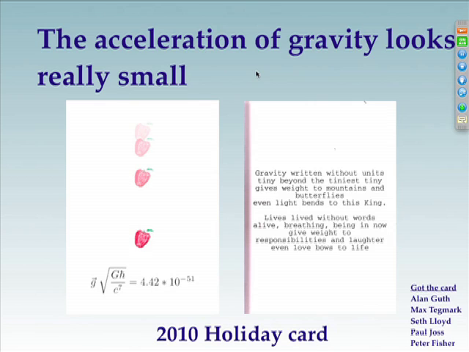So it represents exactly the same thing. You could say this is 9.8 meters per second squared acceleration, or you could say it's 4.42 times 10 to the minus 51.